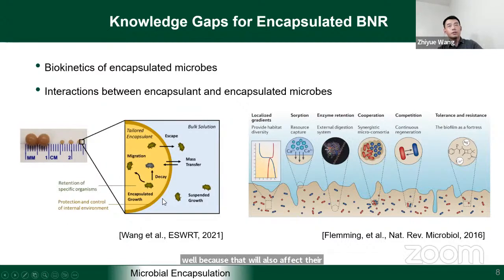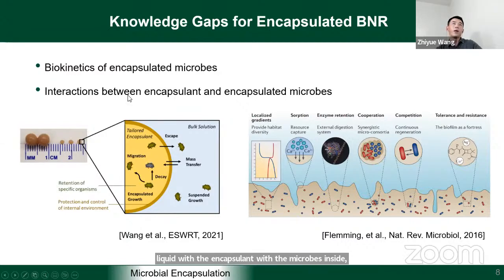So here, our review showed that there are a lot of microscopic processes that we may not currently understand, such as the migration of microbes inside the encapsulant if it's flexible, and if the encapsulant is not strong enough, there could be potential escape of microbes from the encapsulant, and then there's constant mass transfer from the bulk liquid with the encapsulant, with the microbes inside.